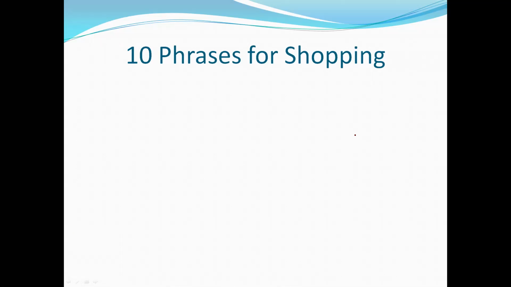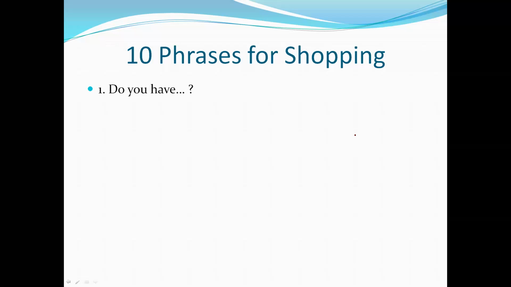When you go shopping, maybe into a shopping center or mall, you may come across these phrases. I think I have done this, but let's see what phrases people can use. You may ask, do you have this? Do you have pens? Do you have papers? Do you have notebooks? This way, we may ask whether they have a particular thing in their shopping center.